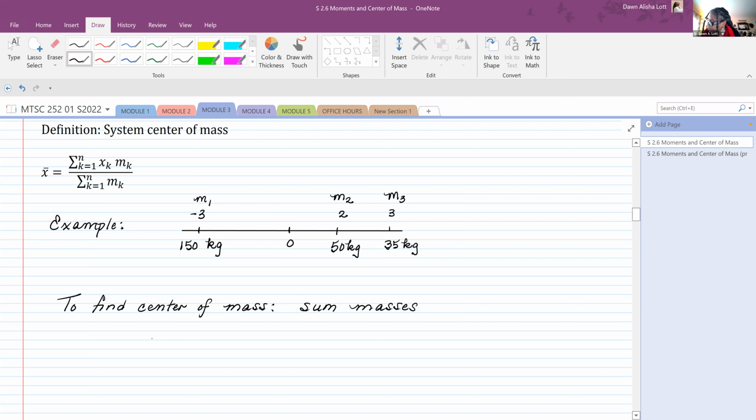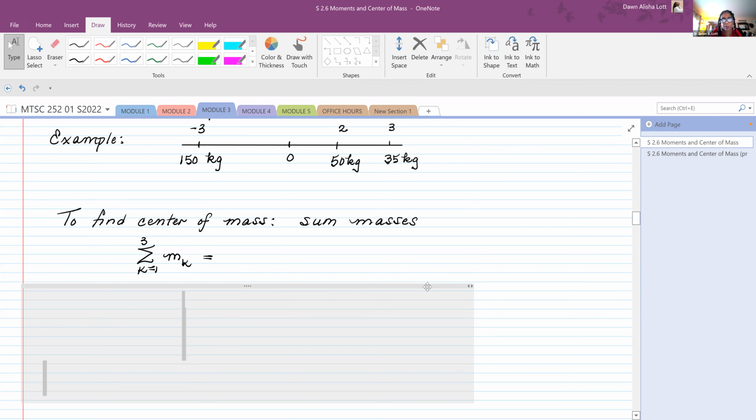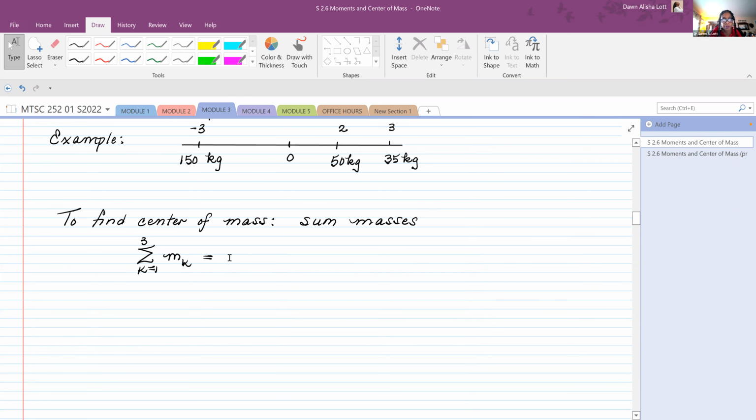So I get the sum, k equals 1 to 3 of mk, is equal to 150 plus 50, this is easy, plus 35 equals 235.